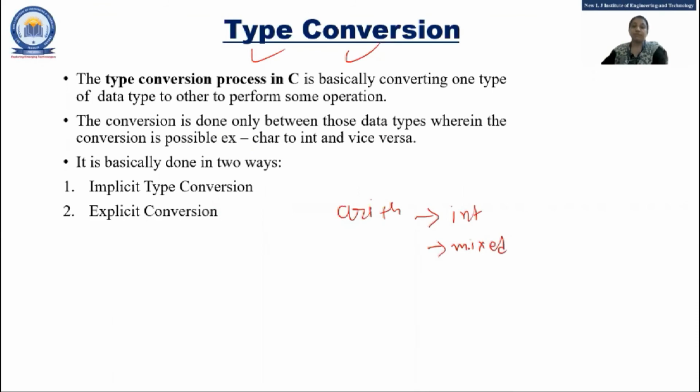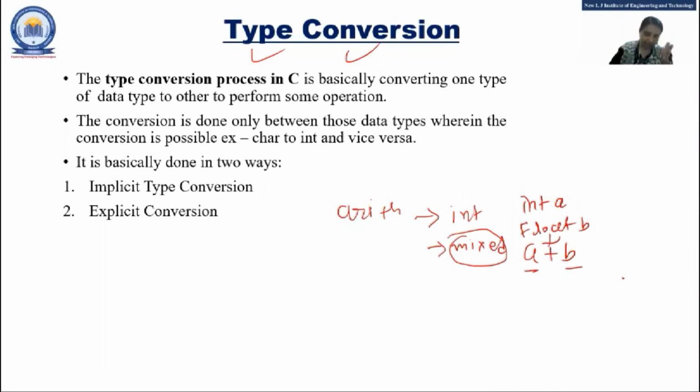Mixed means suppose I have written A and B, and A is an integer and B is a float. This is called mixed mode. That means the data types of both operands are different.